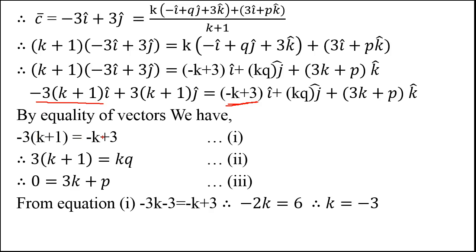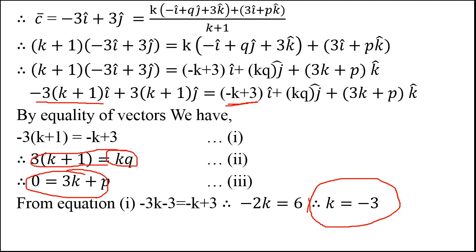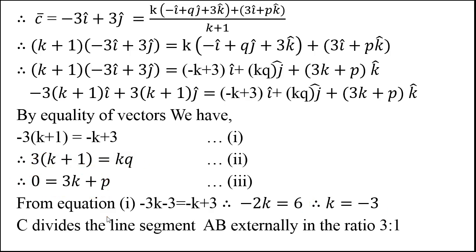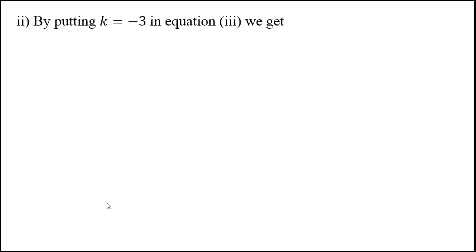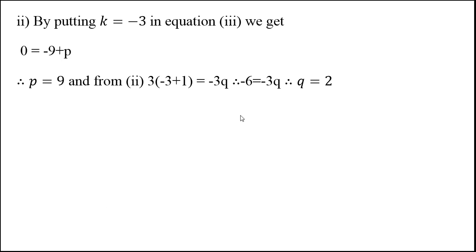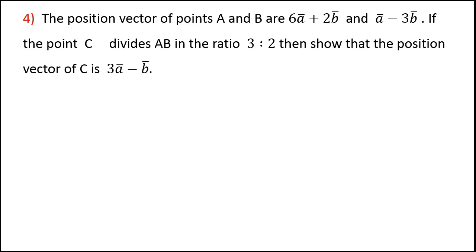Equating them we get k equal to minus 3, and if we put that value here we can get the value of p. This equation will give you the value of q after putting k equal to minus 3. So this is how to find the ratio and the values of the unknowns p and q using those equations.